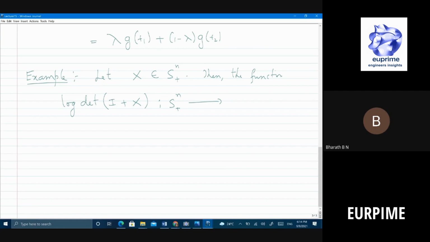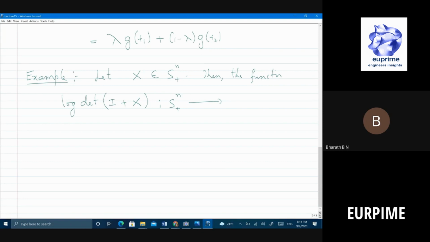Can it be negative? Fractional values, right? So if I take the determinant of identity plus x to be a fraction, can that happen?